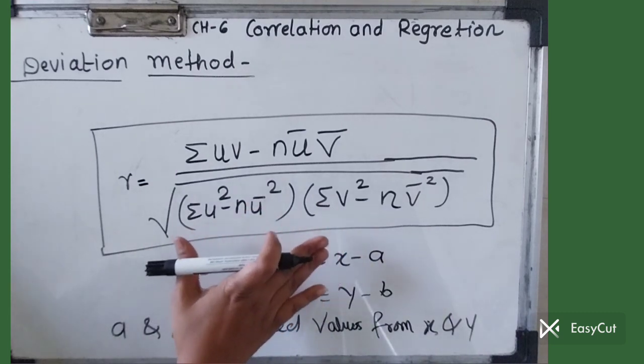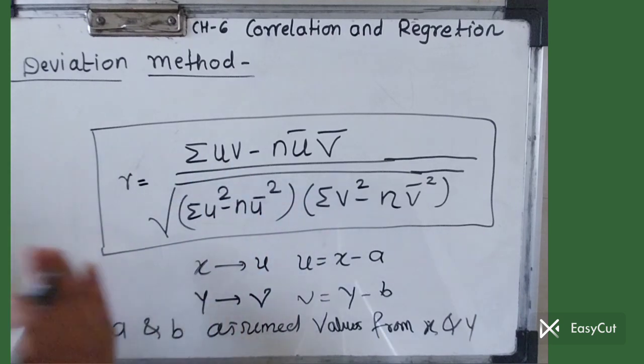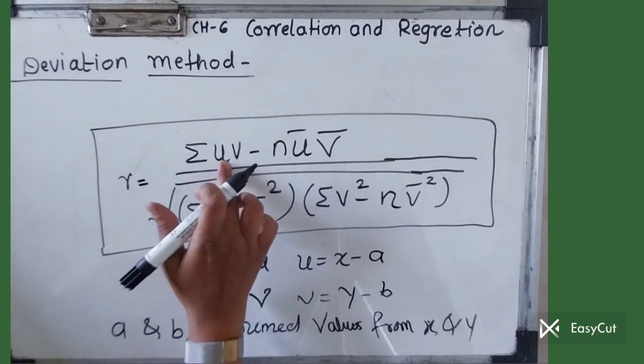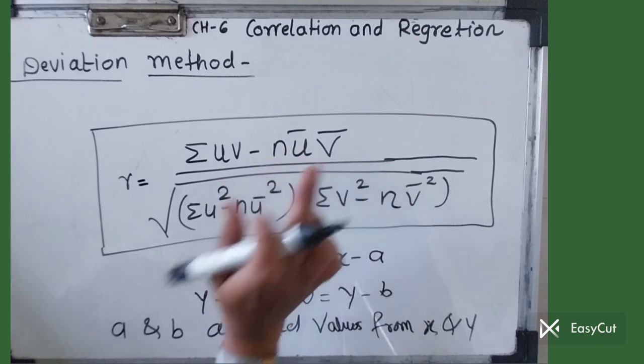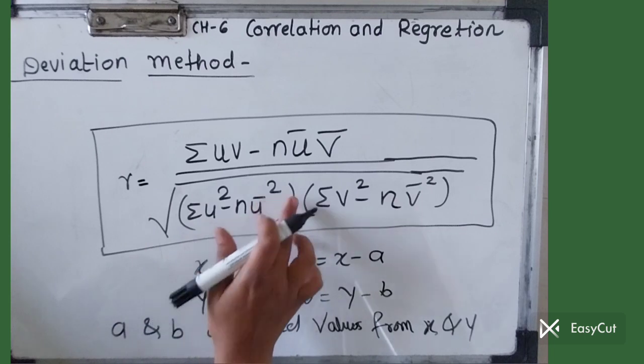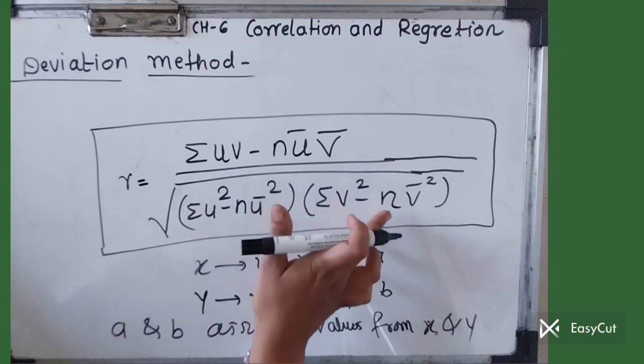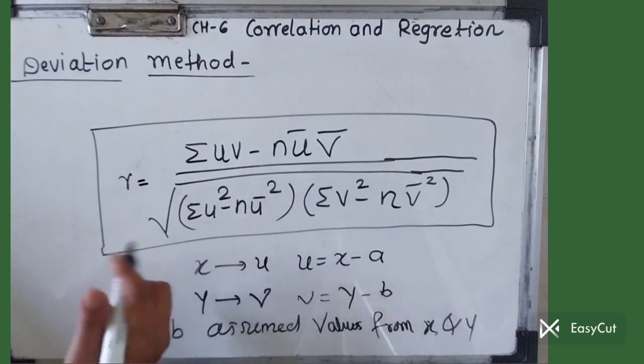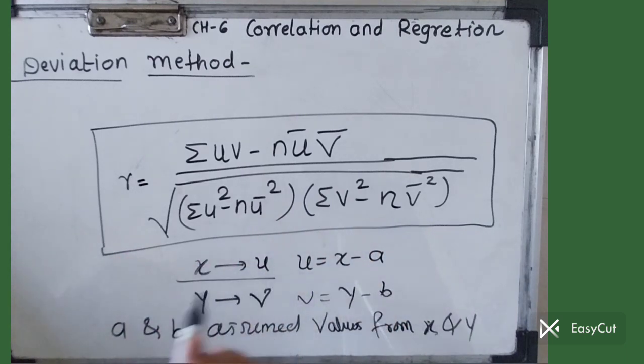In the direct method the formula is summation xy minus n x bar y bar, divided by under root summation x square minus n x bar square into summation y square minus n y bar square. In the deviation method just replace x by u, y by v. U is x minus a and v is y minus b, and a and b are assumed values from the given data. We will see it by example.